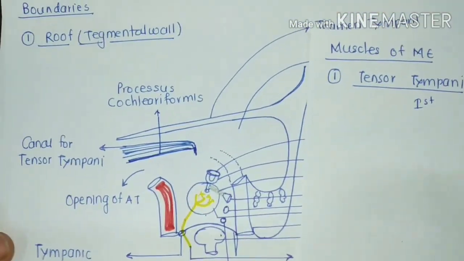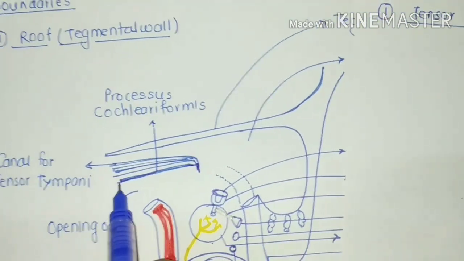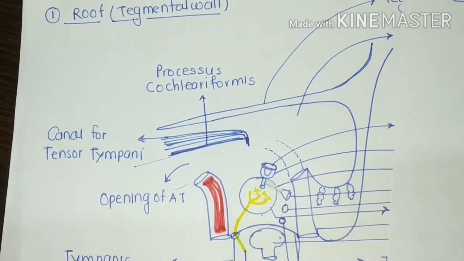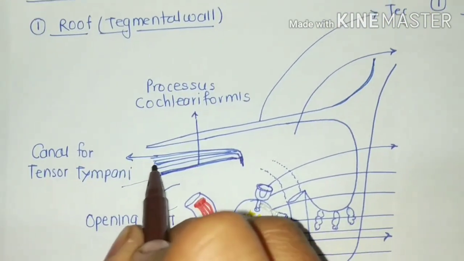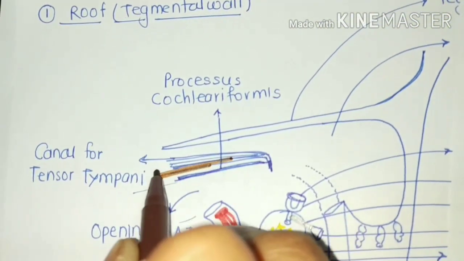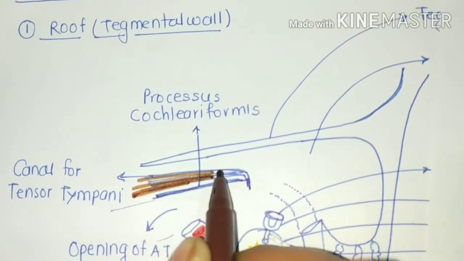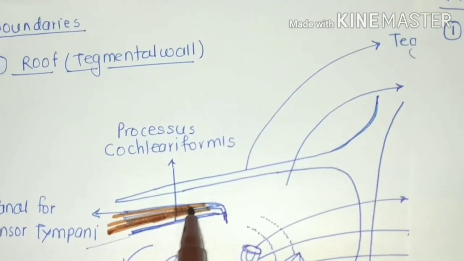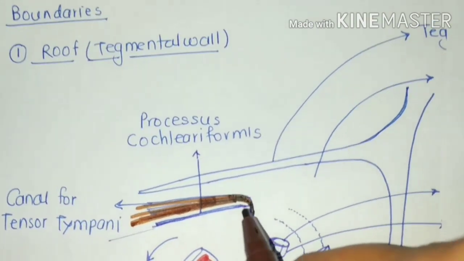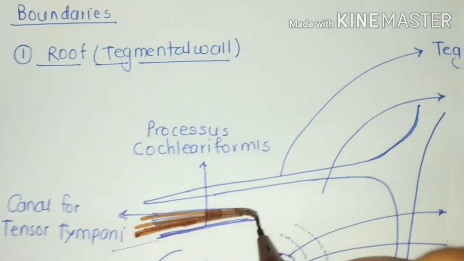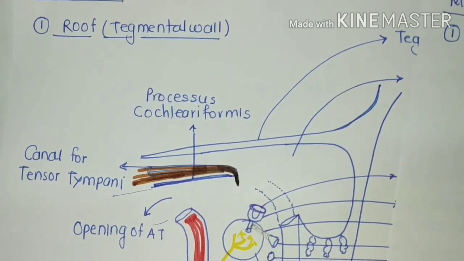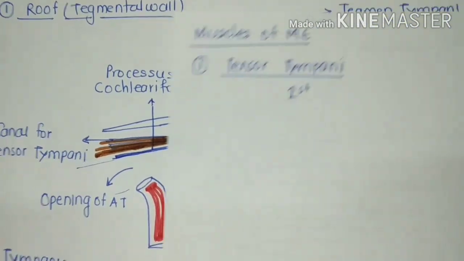This is the opening of the auditory tube. Then it passes backward, takes a turn of about 90 degrees on the processus cochleariformis, and finally takes insertion on the handle of malleus.